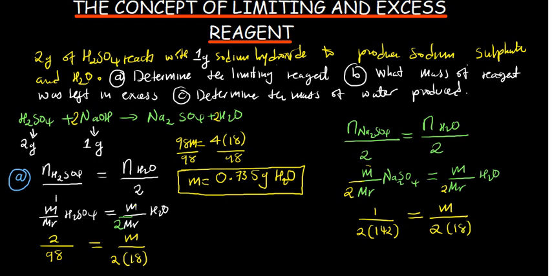So from here again, let's cross multiply. This times this times that. So we're going to say 2 times 142. This is going to multiply with m, and that will be equal to 1 times 2 times 18. So to remain with m, divide both sides by this value.